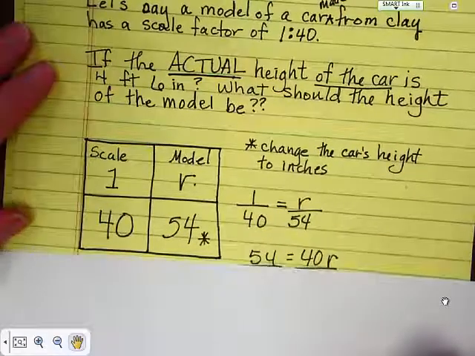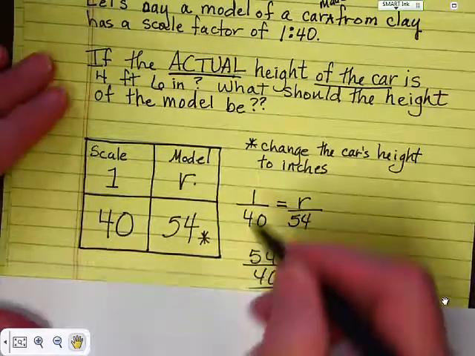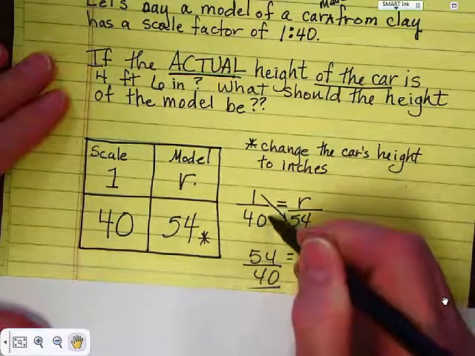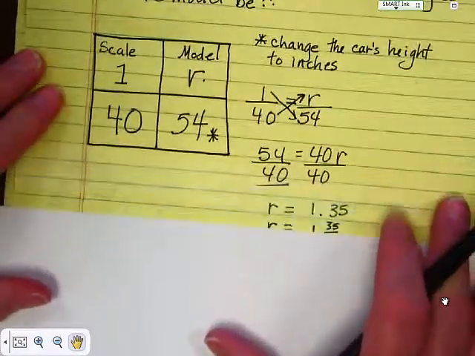So we would have 1 over 40 equals r over 54, and of course you would cross multiply to solve that. So you have 1 times 54 equals 40 times r. Then you would divide both sides by 40.